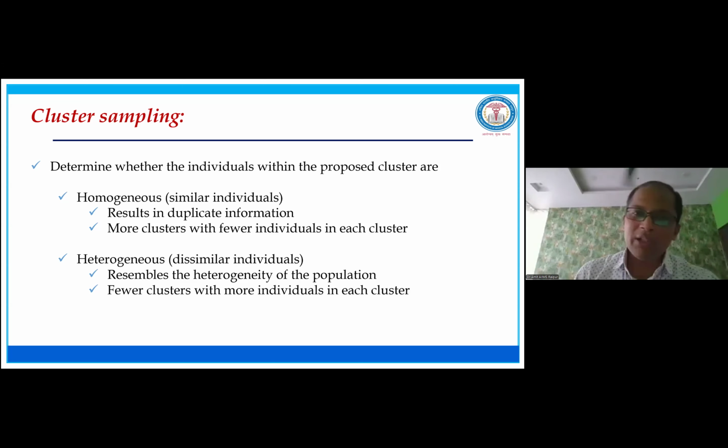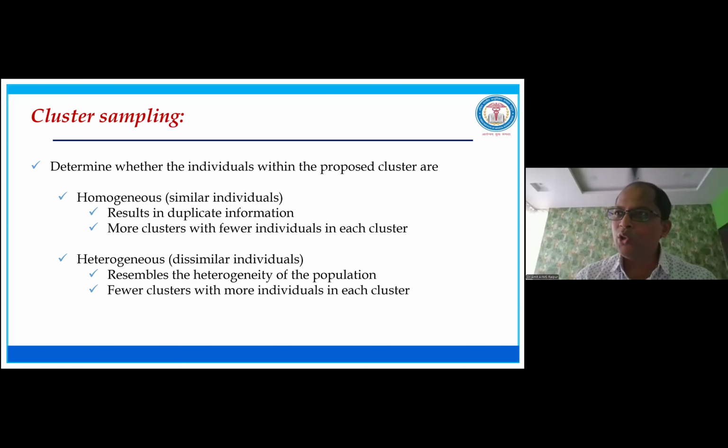Here, one thing I want to emphasize is when we calculate sample size, the sample size for cluster sampling is less as compared to simple random sampling. But there are chances of duplication of information when we collect details or information related to our objective.